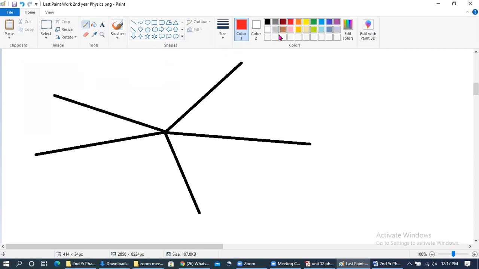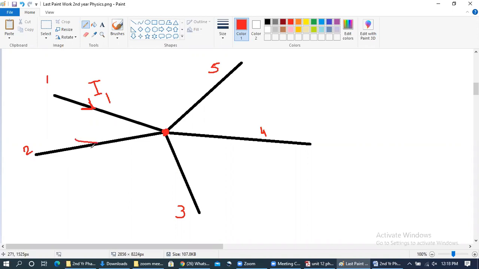Let us suppose that every wire carries a certain amount of current. For example, this wire is the first wire, wire 1. This is wire 2, wire 3, wire 4, and wire 5. Let us consider that from wire 1, the current I1 is coming toward the middle point where all of the wires are connected.